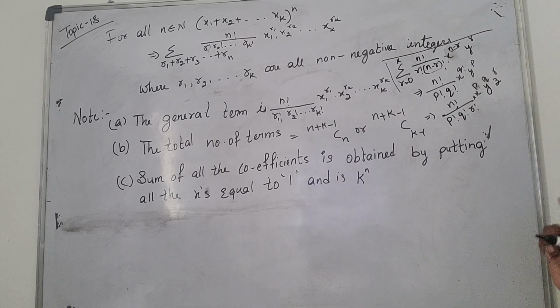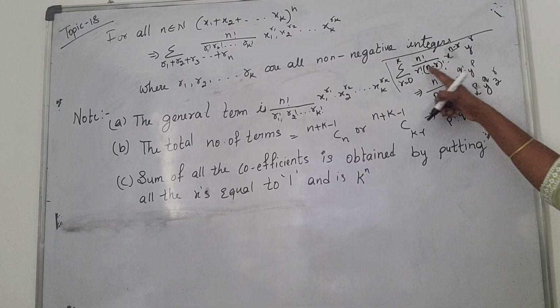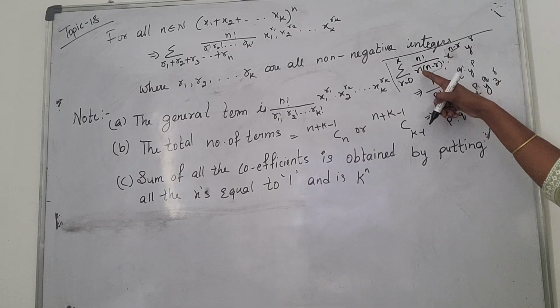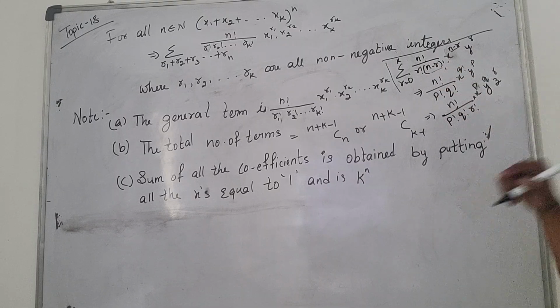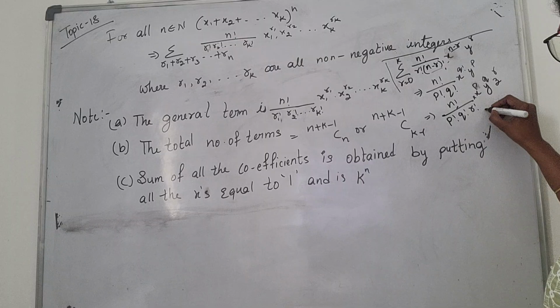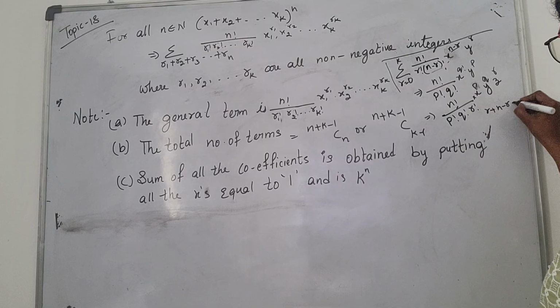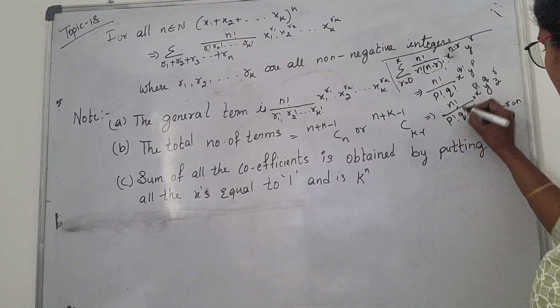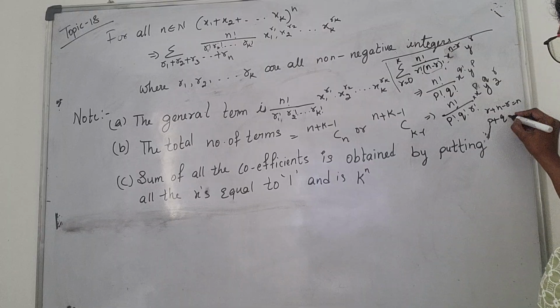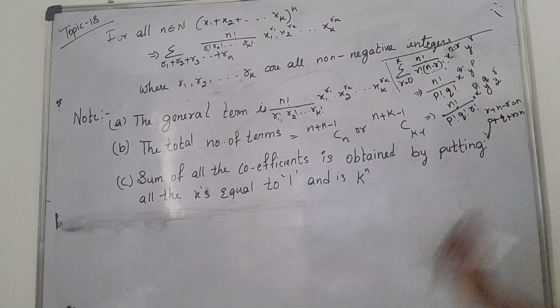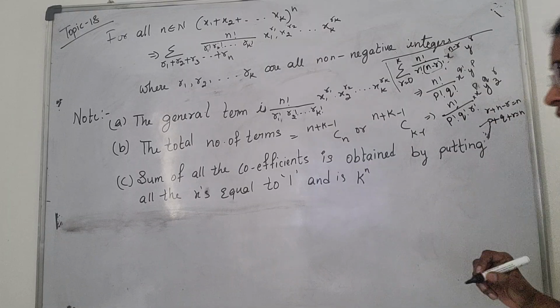But here one thing is, when you add these, what is your answer? p plus q plus r is equal to n. This is the important thing, you have to remember it.